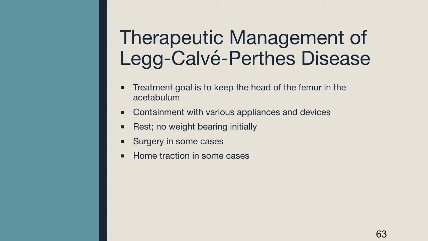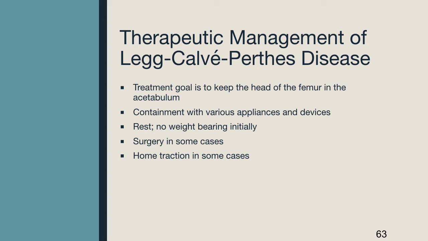So what they do is they put them in various appliances and devices to keep that position with the head of the femur in the socket of the hip, which is what the acetabulum is. And so if you think back to the DDH patient, that as they got older, they went into a spica cast, they do the same things with these kids.